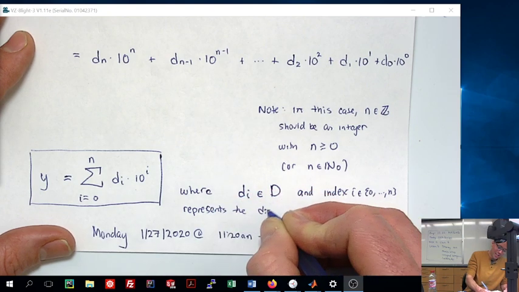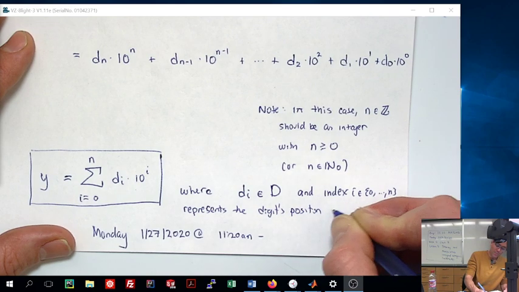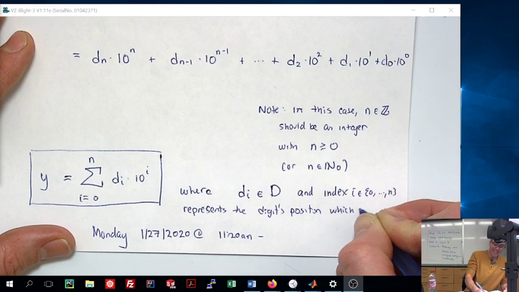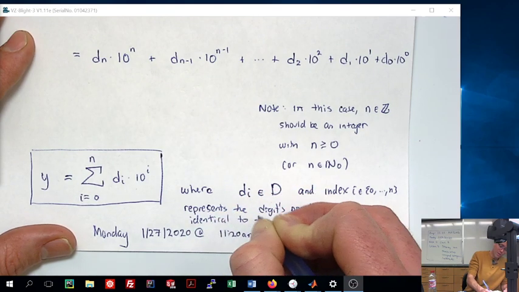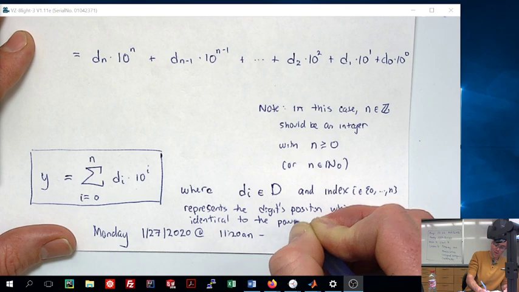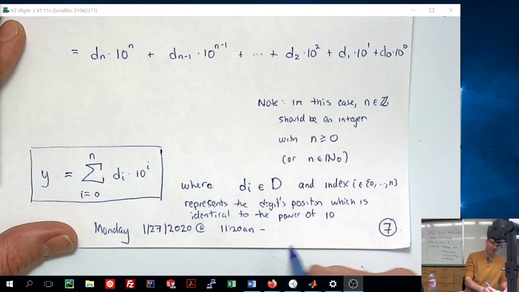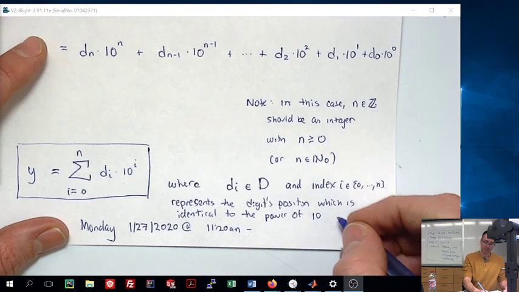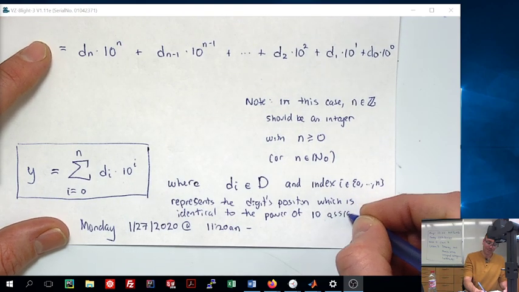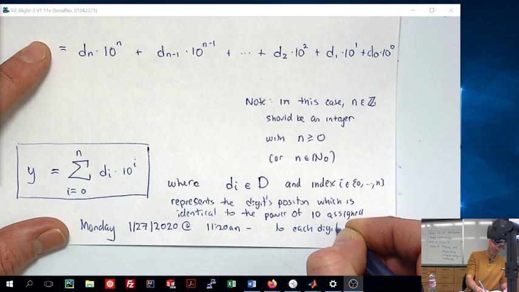The digit's position, which is identical to what? Assigned to each digit.